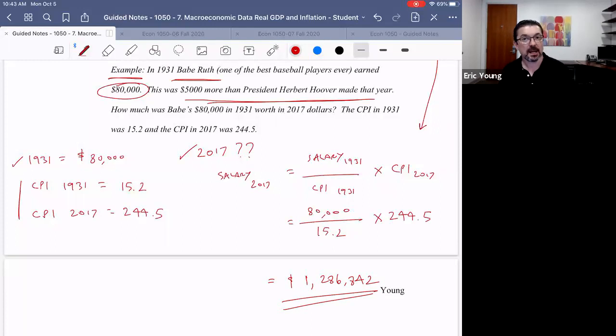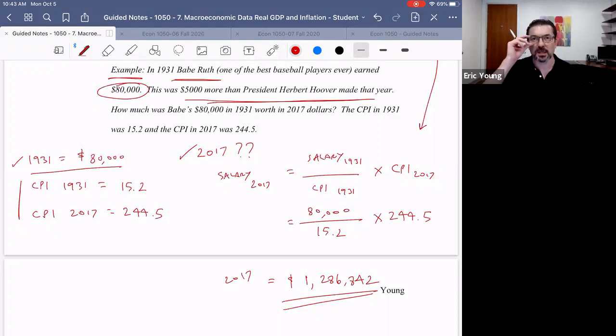Seen a different way, Babe Ruth would have to earn $1,286,842 in 2017 in order to have the same buying power, the same purchasing power, the same dollar power as $80,000 in 1931. A lot of formulas.